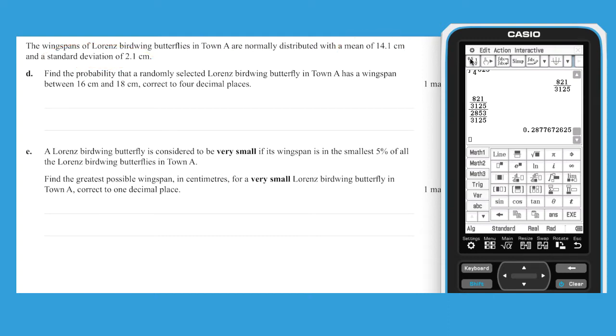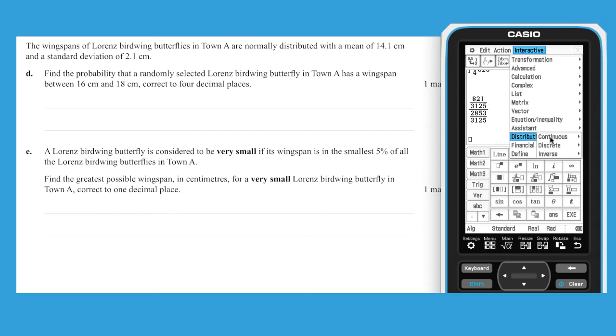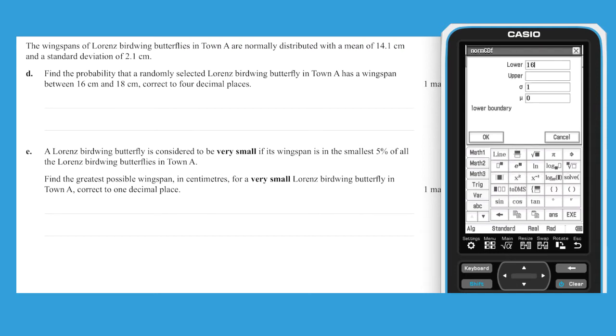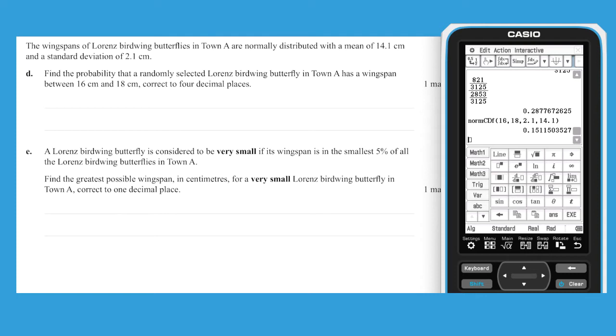The required computation can be done using the norm CDF function, which is found under Distribution in the ClassPad's menu structure. Inputting the values provided, this computation returns a probability of 0.1512 to 4 decimal places.